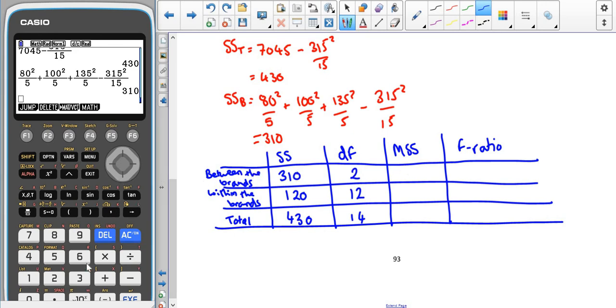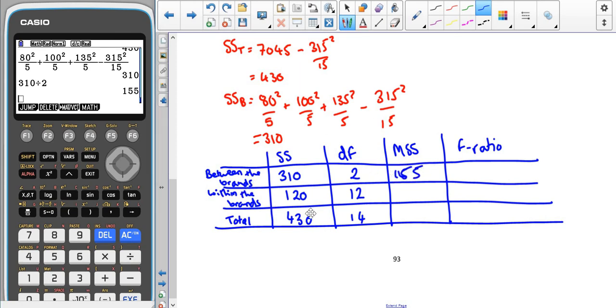So for between the brands, we're going to have 310 divided by 2, which gives us 155. For within the brands, we're going to have 120 divided by 12, which gives us 10.